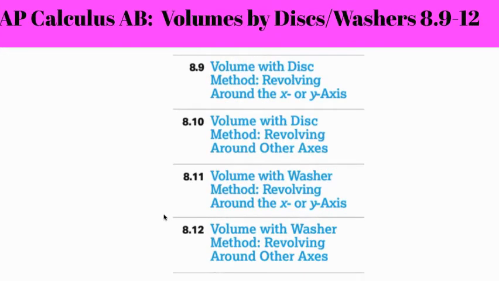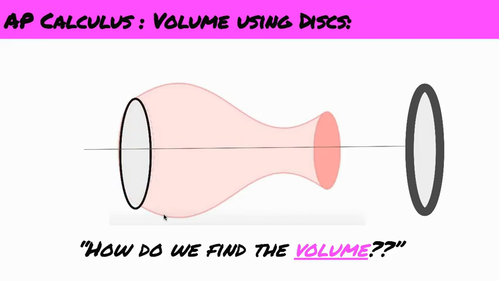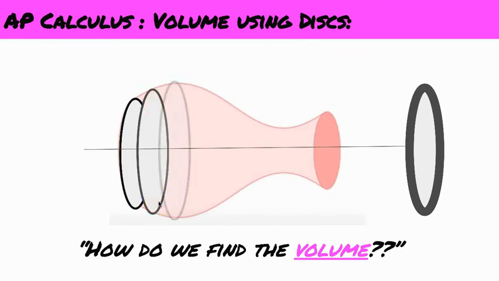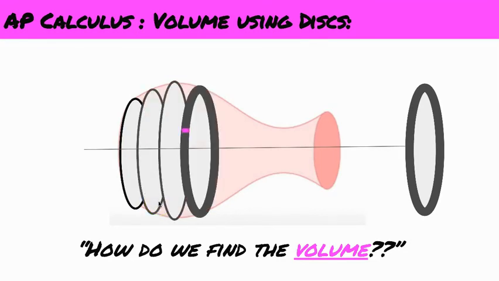All right, then we moved on into volumes by what I call revolution, or volumes with discs and washers. And we did both x and y axis. So here's a visual, first of all, of the washer situation. So suppose I revolve that top curve around this horizontal axis. Let's call it the x-axis.